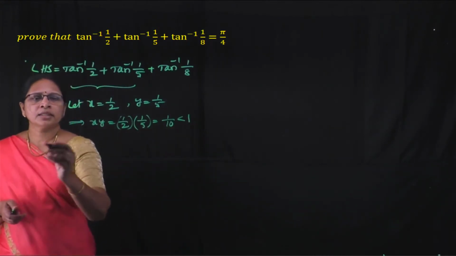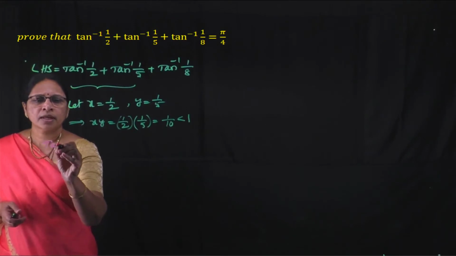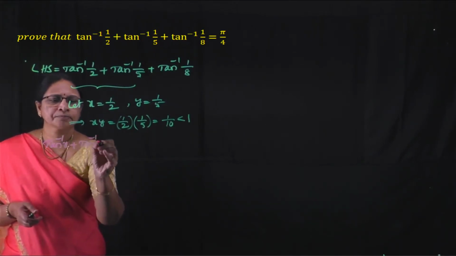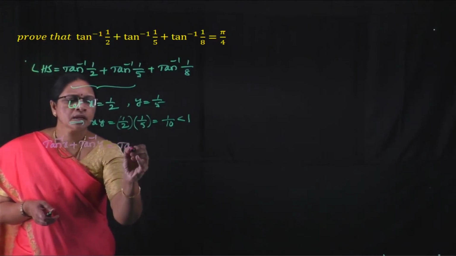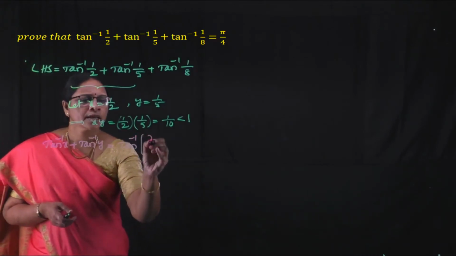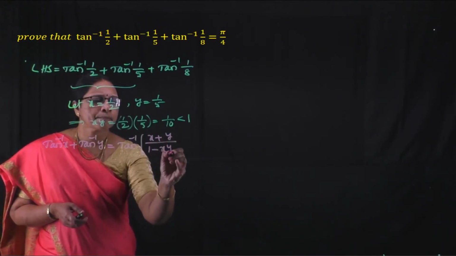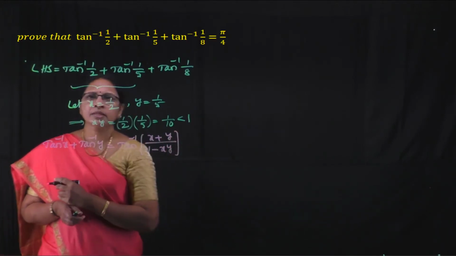Then we know that the formula for tan inverse x plus tan inverse y is tan inverse of x plus y by 1 minus xy.